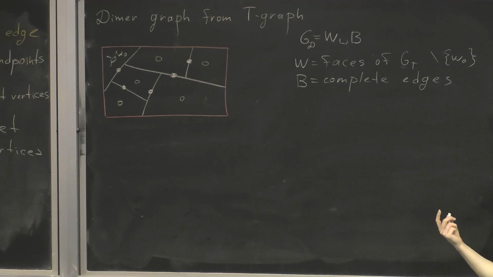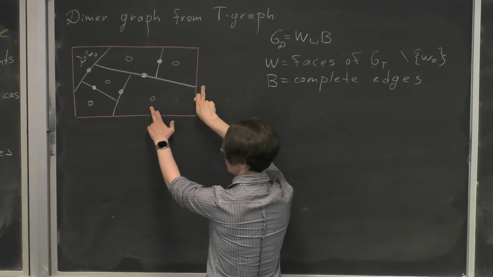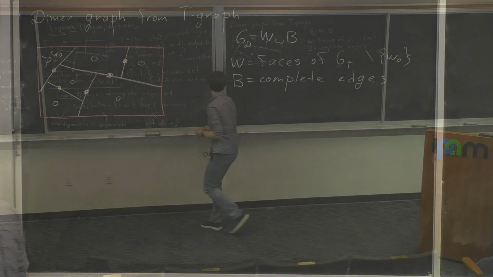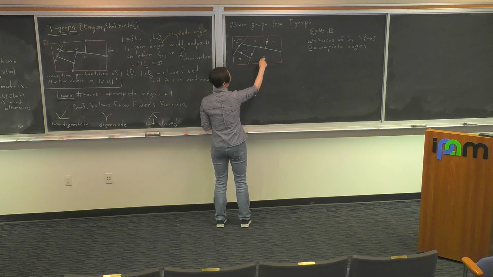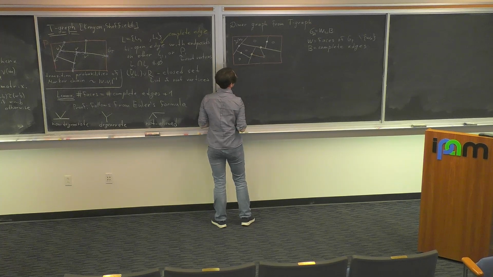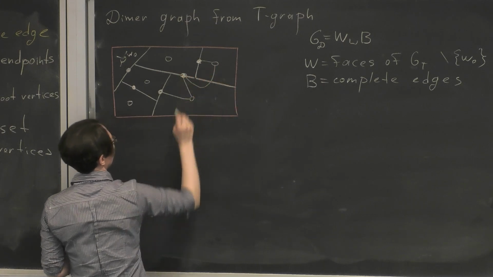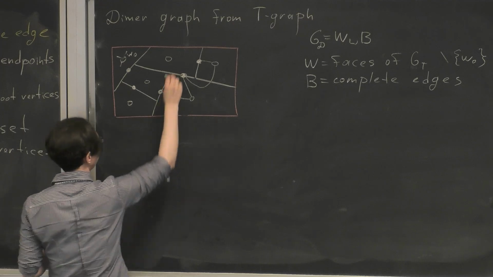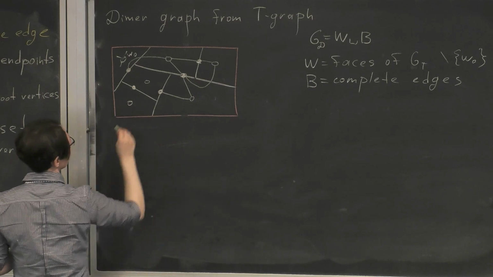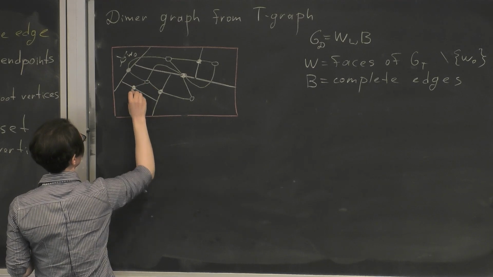And we say that a white and a black vertex are adjacent if part of the corresponding complete edge is the side of the corresponding face. So let me draw the graph. This one has two edges. It's connected to this one and to that one. This one is connected to this one and also to this one. I will explain in a second why I'm drawing edges in such a way. This one has three adjacent black vertices. This one has 1, 2, 3, 4. And this one has 3.